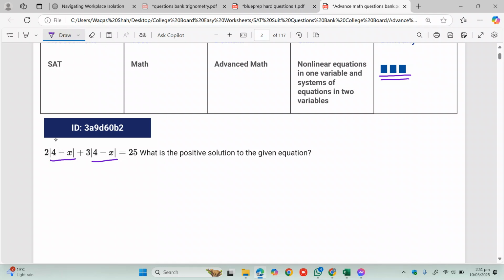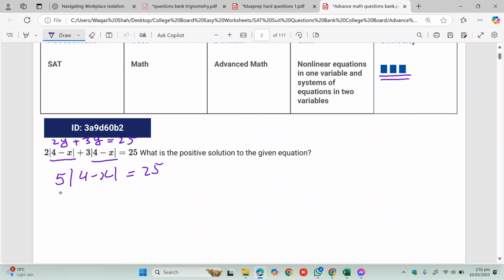It acts like 2y plus 3y. You can just imagine and assume that the absolute value of 4 minus x is behaving like y. If you add them, it will be 2 plus 3, 5. So 5 times absolute value of (4 minus x) is equal to 25.